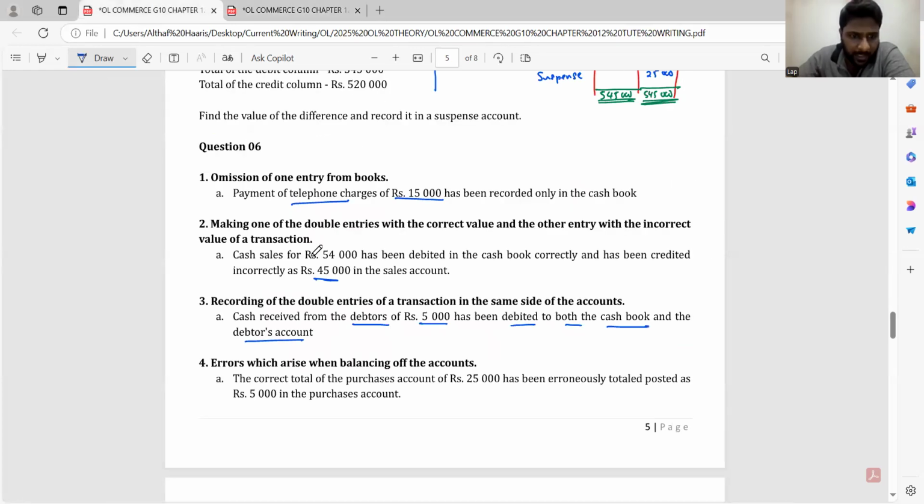So what was the error there? Cash receipt 5,000 has been debited to the cash book. Cash received from debtor 5,000 has been debited to both the cash book and the debtors account.